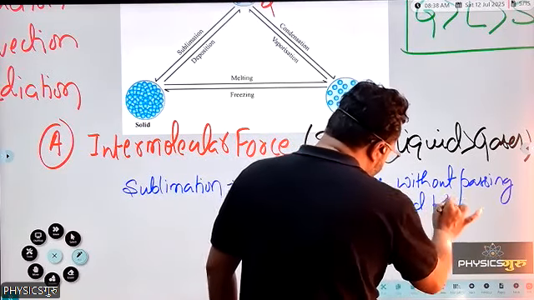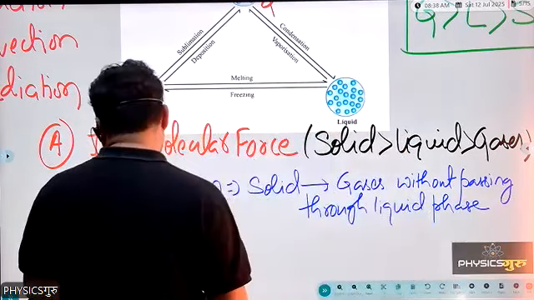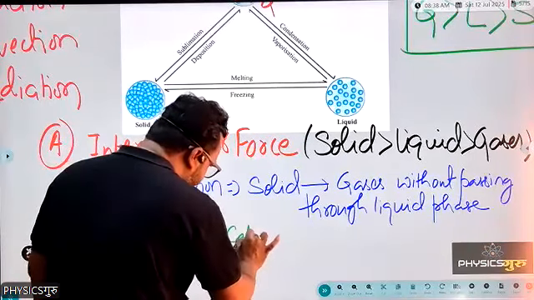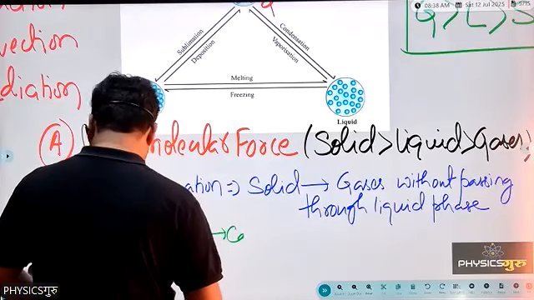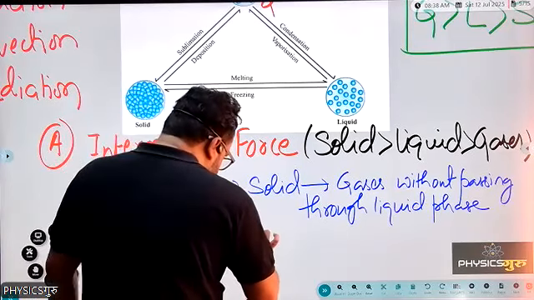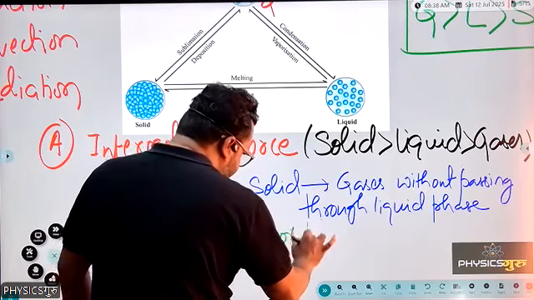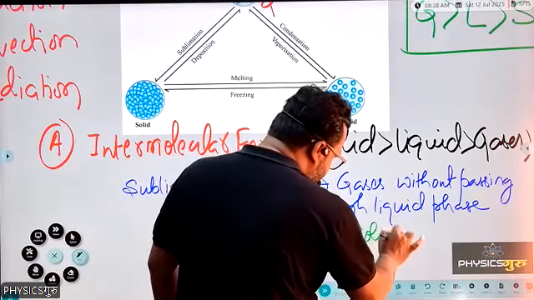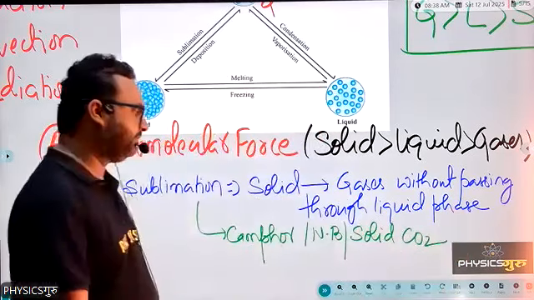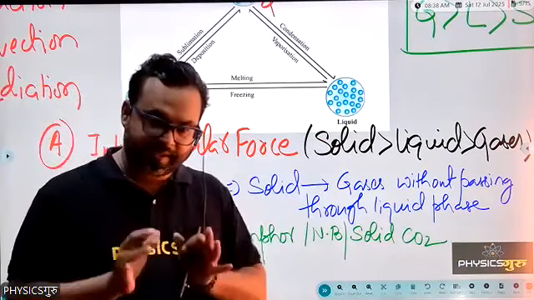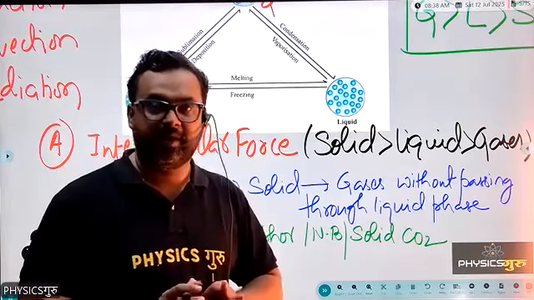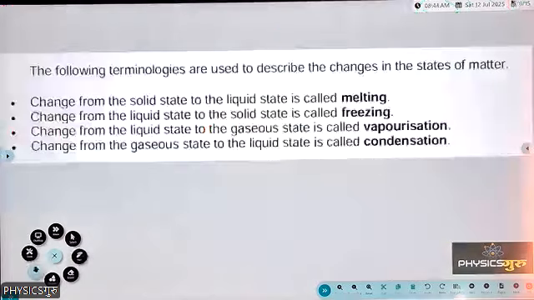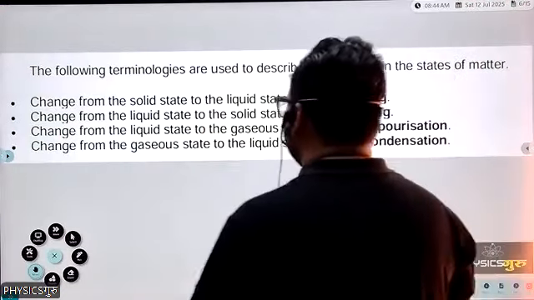Examples of sublimation are camphor, naphthalene balls, and solid carbon dioxide, solid CO2. So this is nothing but the conversion of states. I hope the concept is clear.